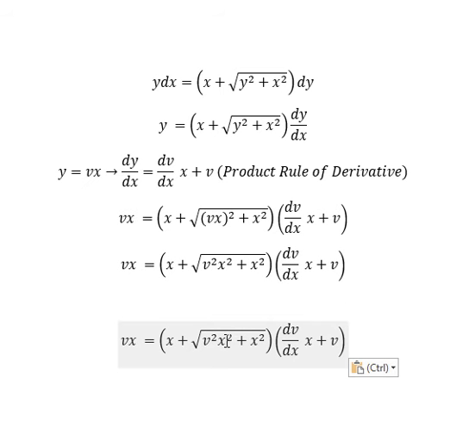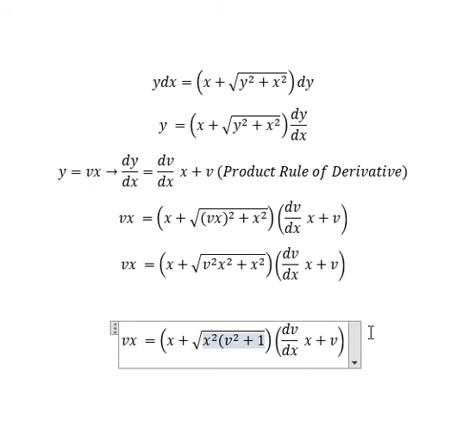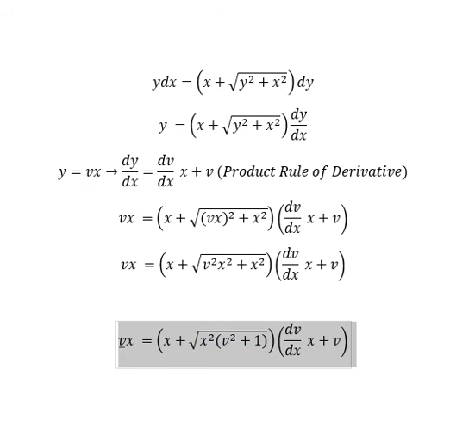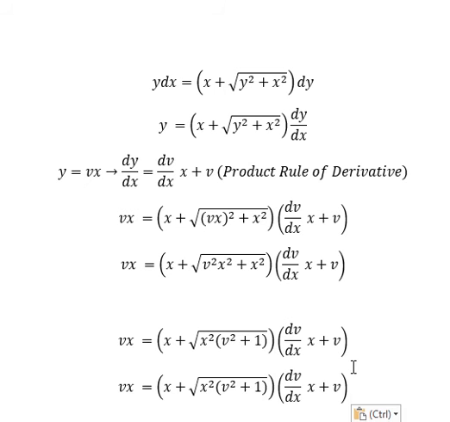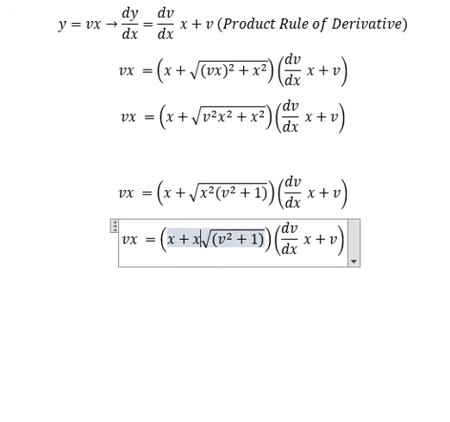We have s squared and s squared. We can do factorization. The square root of s squared, we have s. Next, we divide both sides by s.